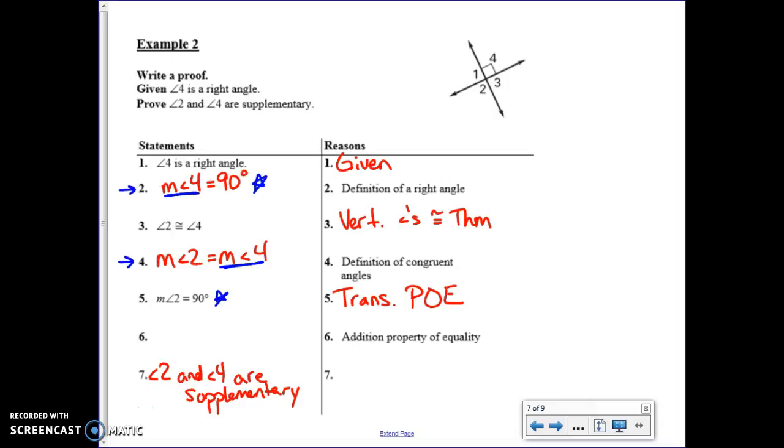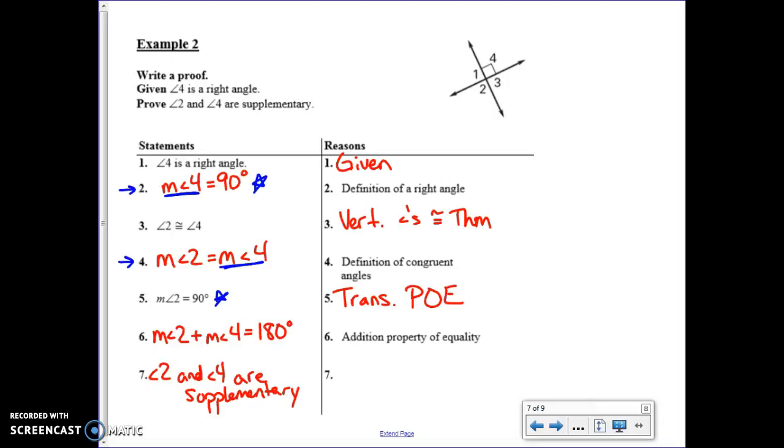So if I use those two statements, if I add up what I see on the left-hand side and what I see on the right-hand side, that should help us get to this last statement. So the measure of angle 2 plus the measure of angle 4, those are both on the left-hand side, equals 90 plus 90, or 180 degrees.